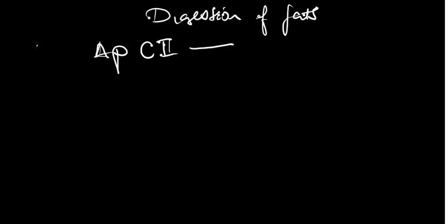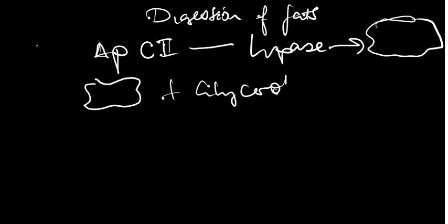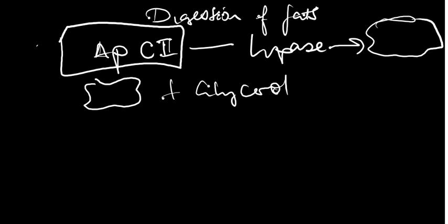This one will activate the enzyme, the lipoprotein lipase, which will then break down the triglycerol to fatty acids and glycerol. This is your fatty acid. So the first thing we talked about is the apolipoprotein C2 will activate the lipoprotein lipase. This is the enzyme.